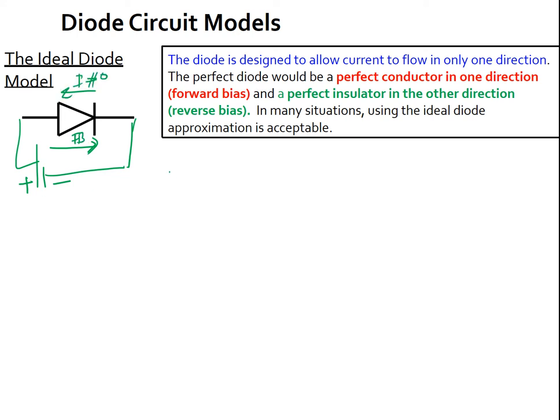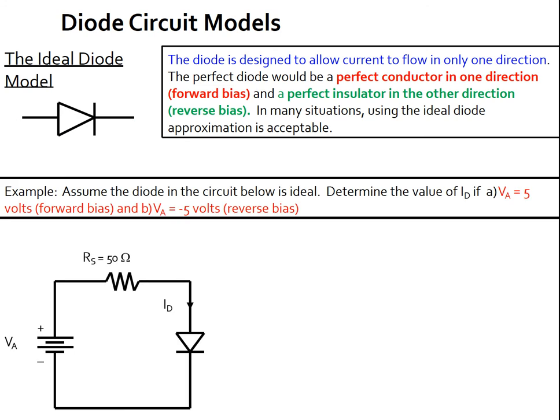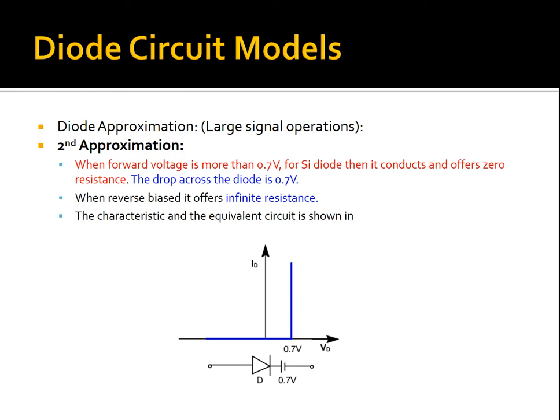Reverse bias is when you connect the diode in this configuration, with the negative terminal connected here and the positive terminal connected here. In reverse bias there will be no flow of current because the diode is acting as an open circuit here. So this is just the simplest form of the model. This is one example; we will solve it in the live session.